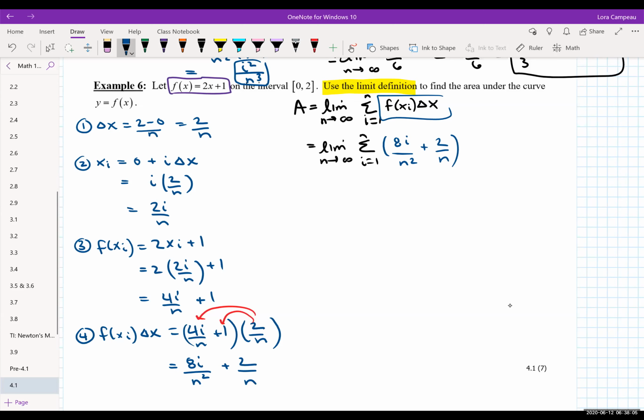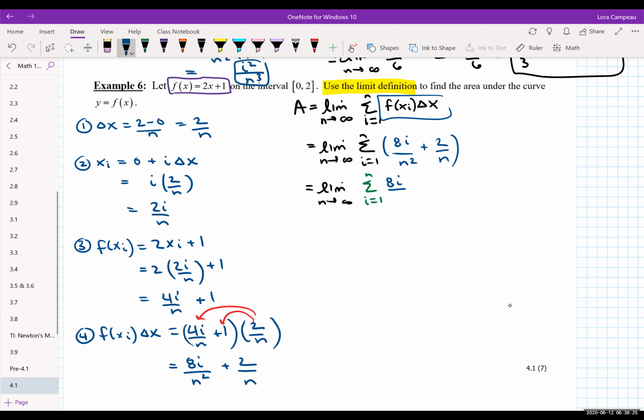So one of the properties of summation, you probably haven't utilized it since pre-calculus, is that if you have a summation of a sum, you can take the summation of each of the individual terms.